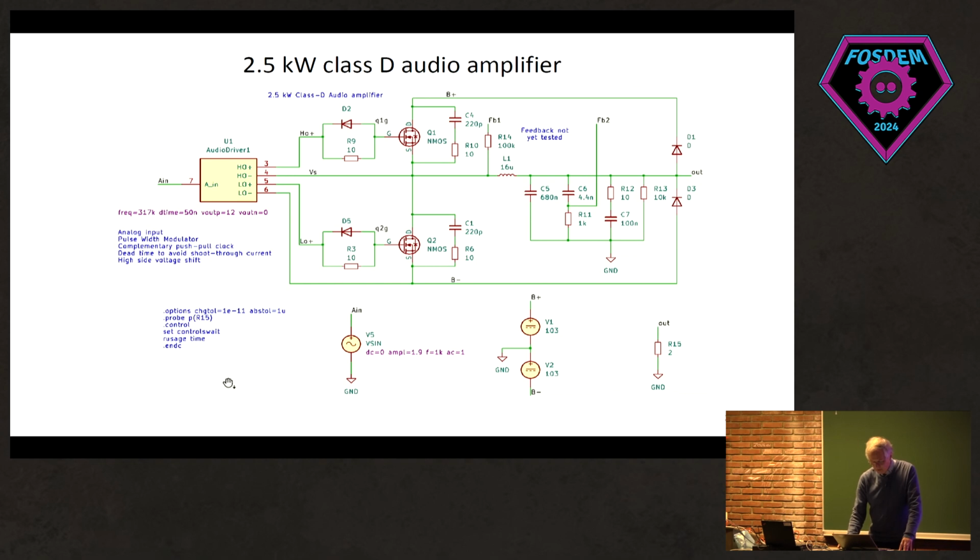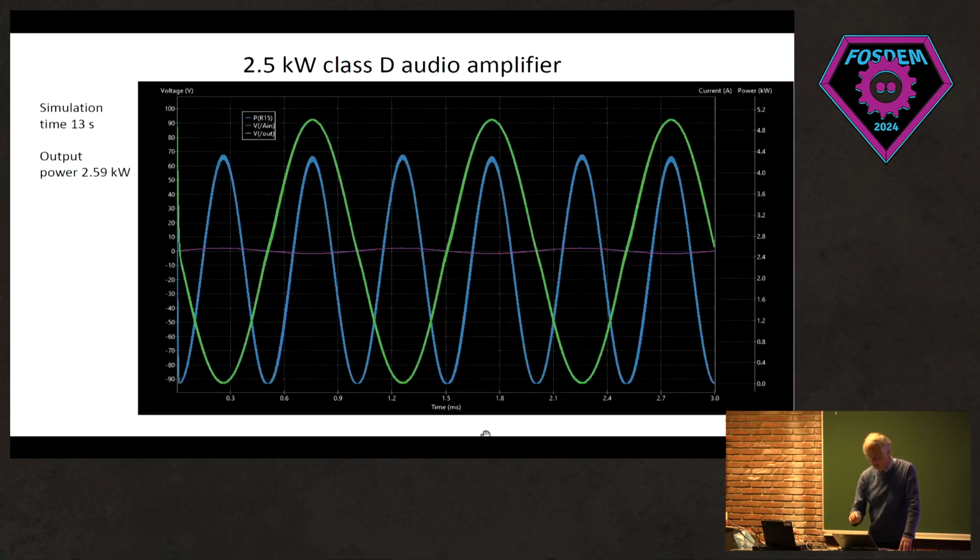Okay, and some simulation commands in here. The input is 2 volts, again 1 kilohertz. And you see the power supply. The output load is a 2 ohm resistor. Well, and this is the output. This is the input signal, and this one is the output signal, okay?